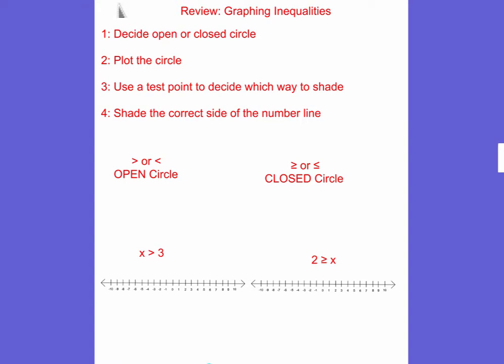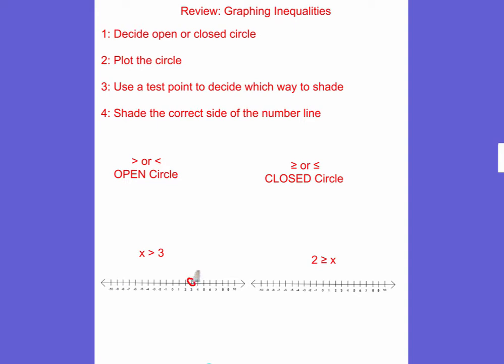All right, so if I take a look at my two examples down here at the bottom, x is greater than 3 and 2 is greater than or equal to x, I want to go, okay, this is greater than, it does not have an equal to bar, so it's an open circle, and it's at positive 3. The number that's in the inequality is always where our circle goes.